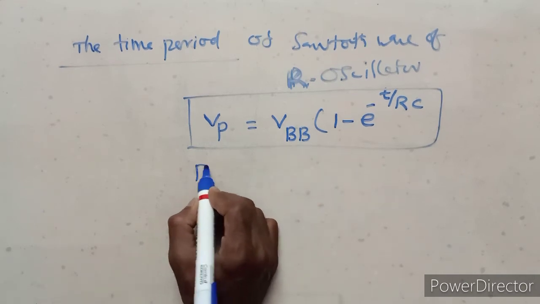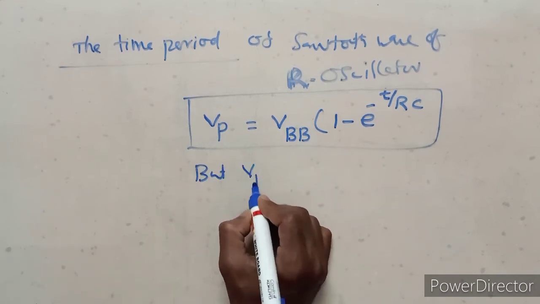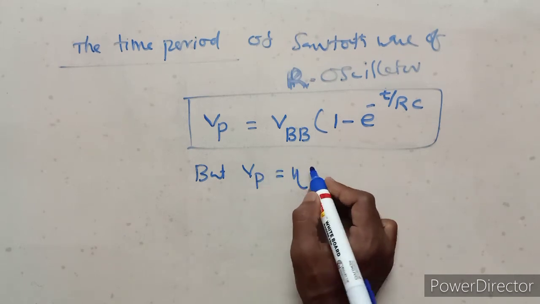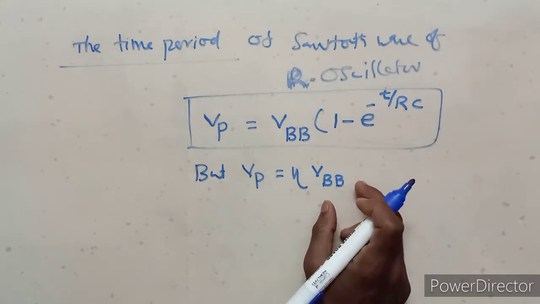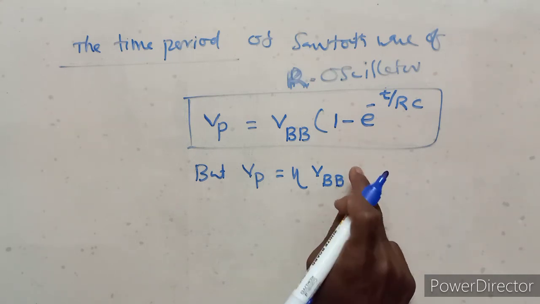But the peak point voltage equals eta into VBB. VBB means the voltage between base 1 and base 2.